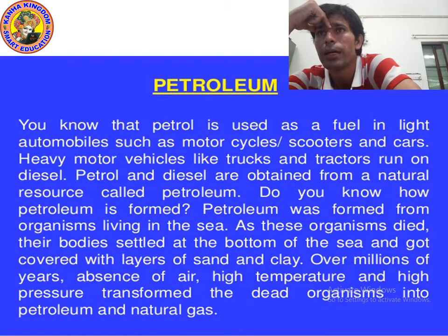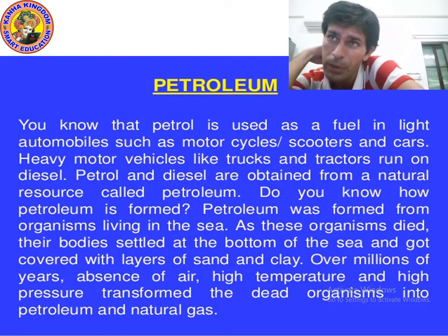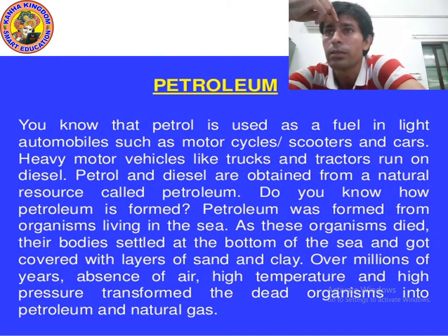And do you know how petroleum is formed? Actually, petroleum was formed from the living organisms which lived in the sea. When these organisms died, their bodies settled at the bottom of the sea.